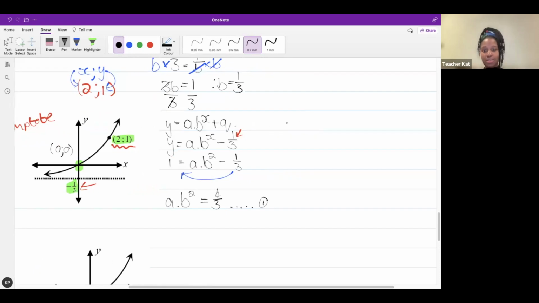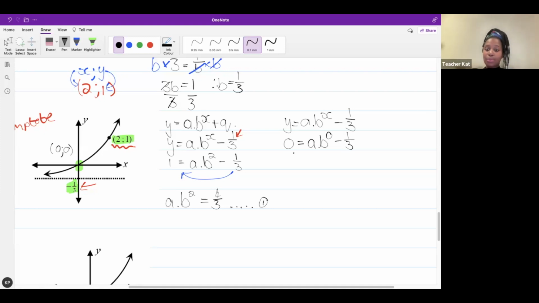That doesn't make sense. So I'm going to say a times b to the power of x minus a third. This time, which point are we going to use for equation 2? (0, 0). So 0 is equal to a times b to the power of 0 minus a third.